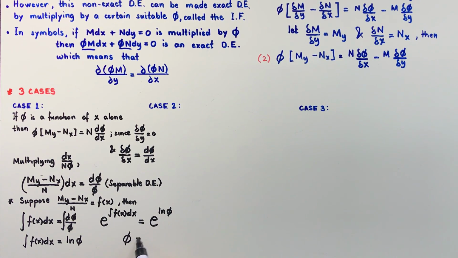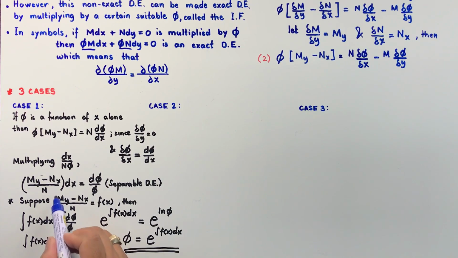So phi is equal to e to the power of the integral of f of x dx. And this is now our integrating factor when the result of this expression is purely a function of x alone.